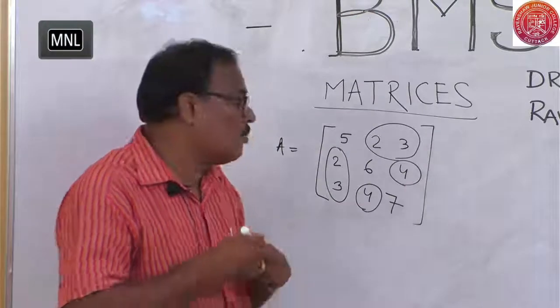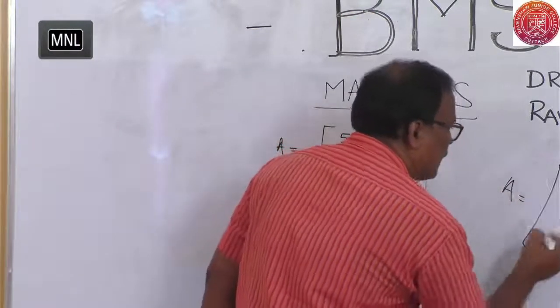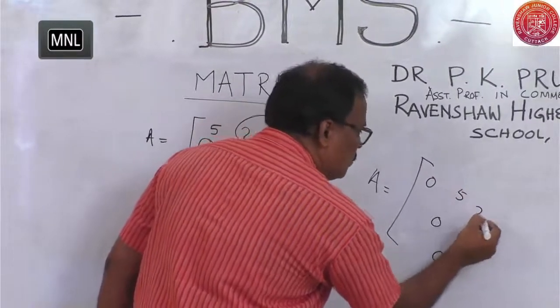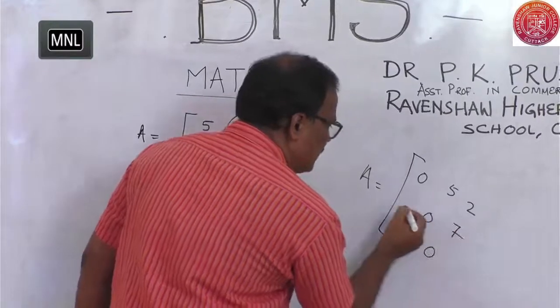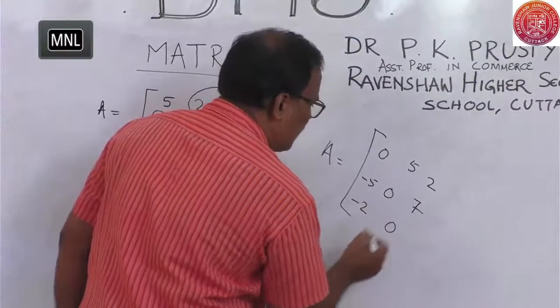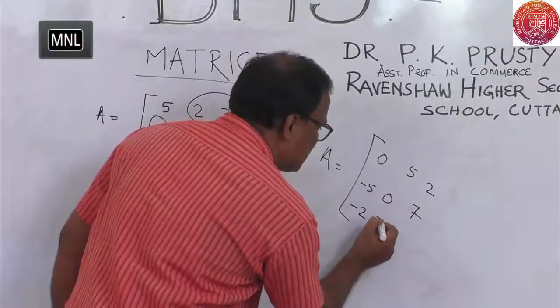But in the case of a skew symmetric matrix, suppose A is a matrix with 0, 0, 0 on the diagonal, then 5, 2, 7, and -5, -2, and -2, then 7.